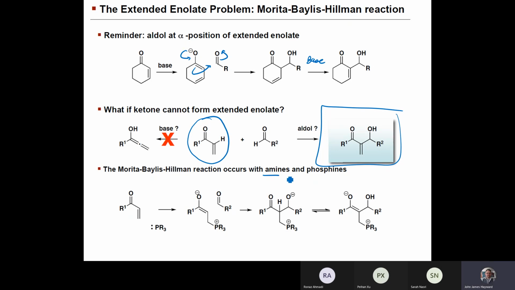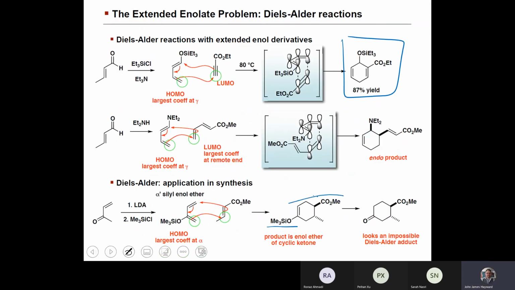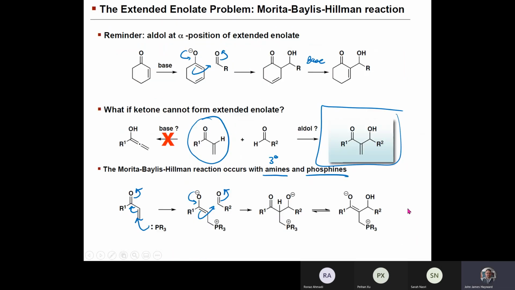This reaction occurs readily with amine, specifically tertiary amine and phosphine catalysis. What it does is generate an enolate in situ by doing a conjugate addition here. That enolate can then do the aldol reaction to give this intermediate, which by proton transfer regenerates the enolate, which then does an E1CB reaction to give the product.